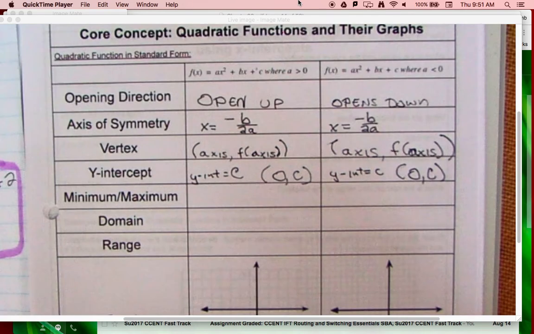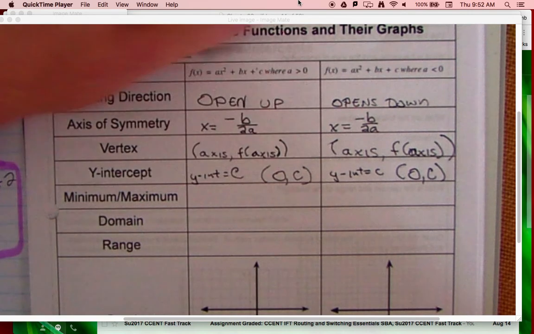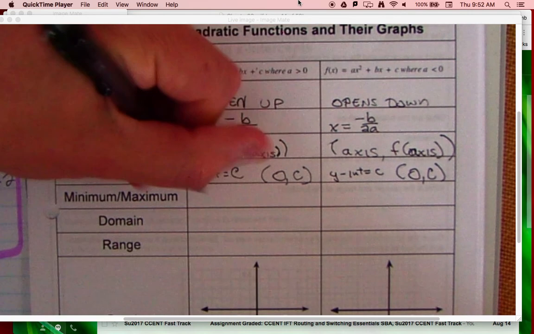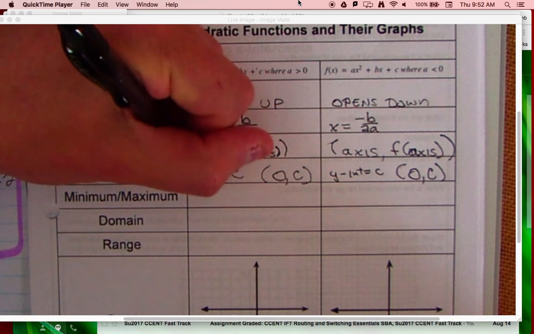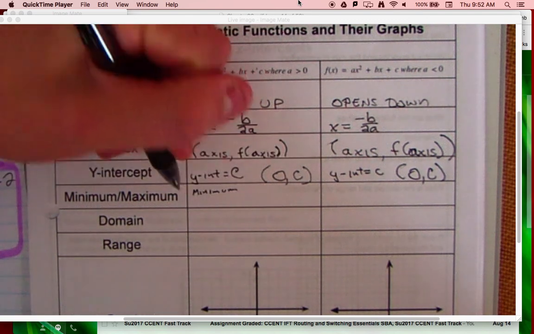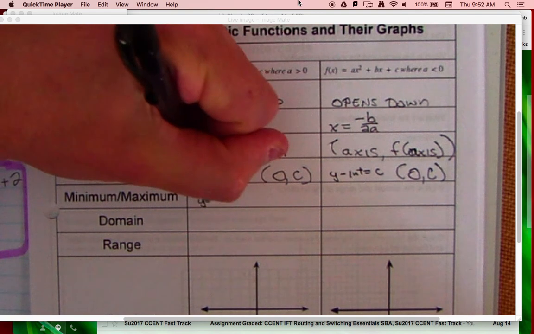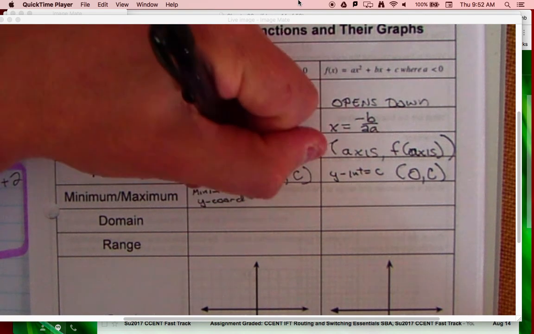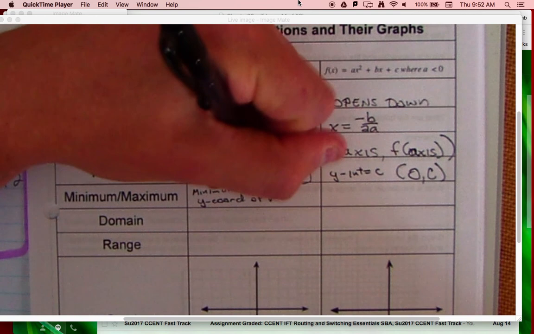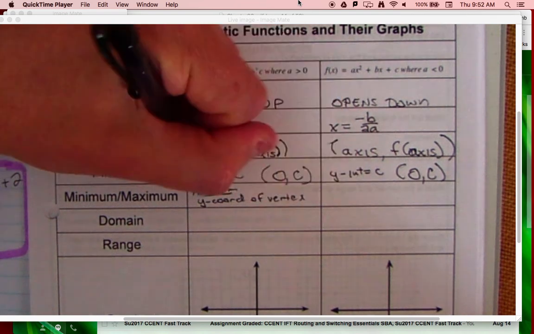All right, the minimum or maximum. Remember, the minimum is the lowest point. The maximum is the highest point. Well, what else do we know are the highest and lowest points? The vertex. So here, if a is greater than 0, we know it opens up, so we know we're going to have a minimum. And the minimum value is going to be the y-coordinate of the vertex, because think about that.